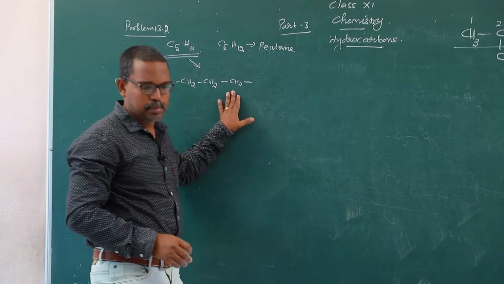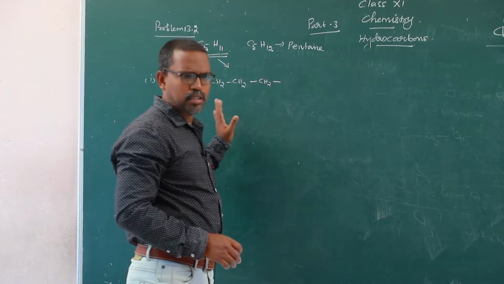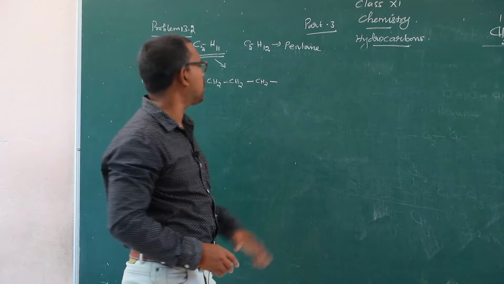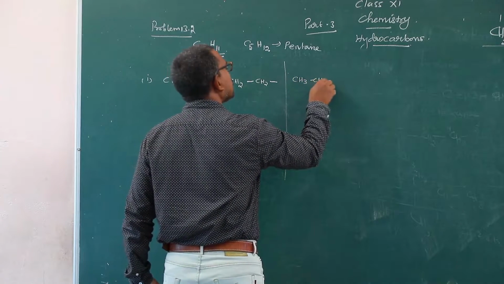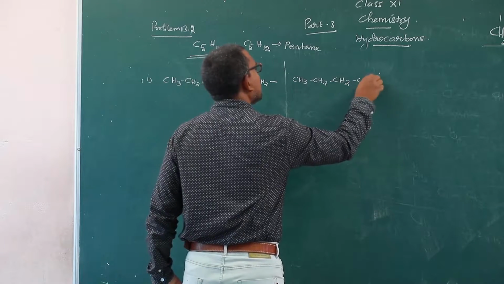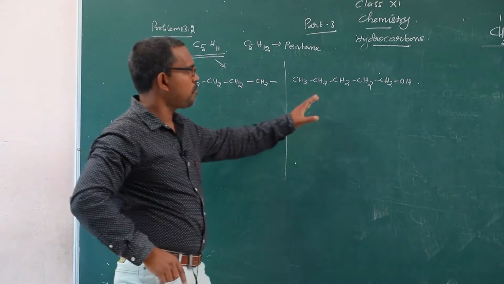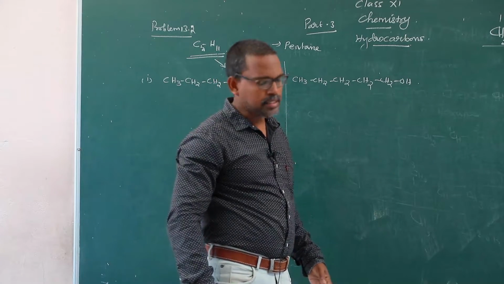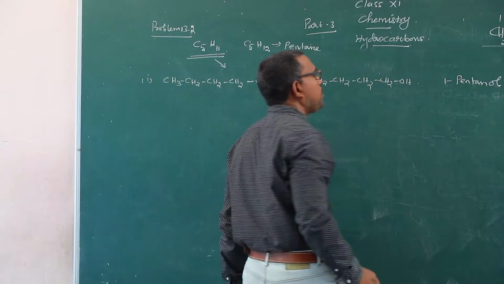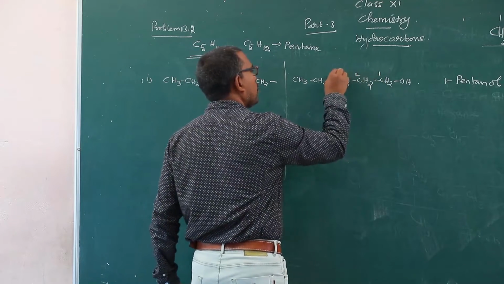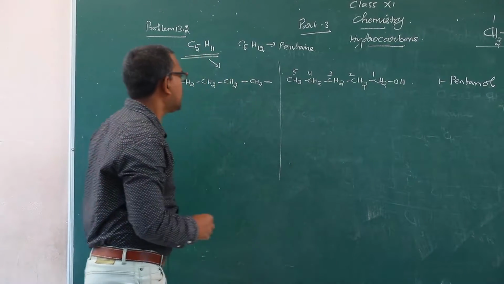This is the first member, and the corresponding alcohol is CH3, CH2, CH2, CH2, CH2OH. The IUPAC name of the compound is 1-pentanol. At carbon number 1 the OH group is present, therefore it is called 1-pentanol.